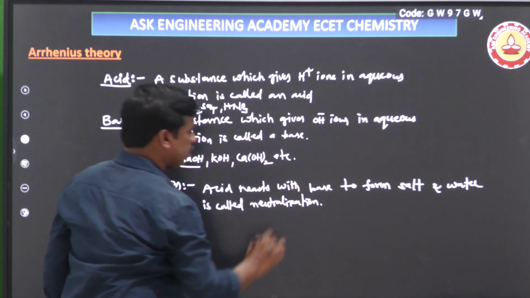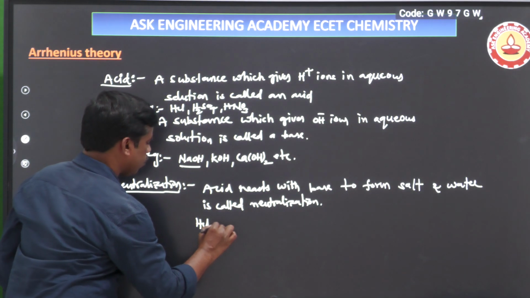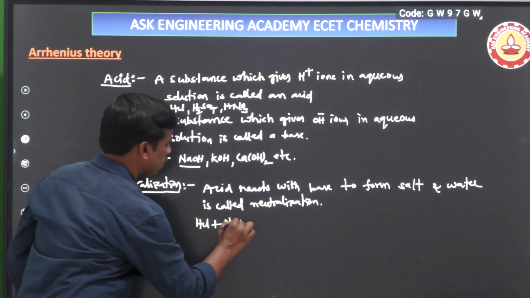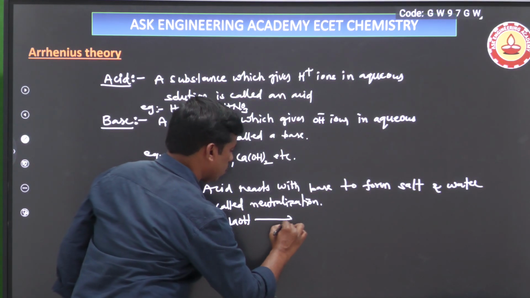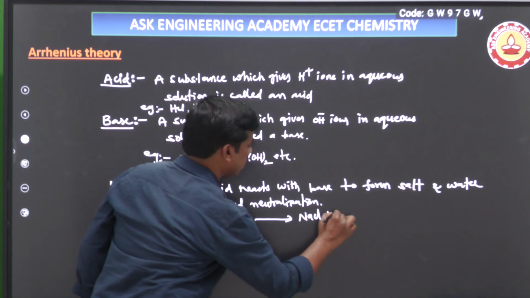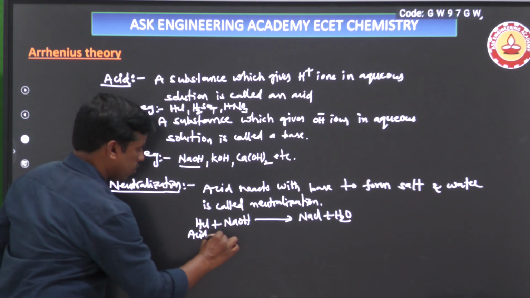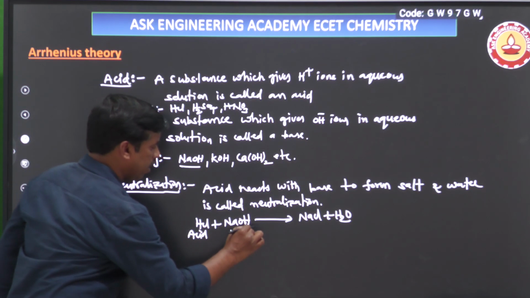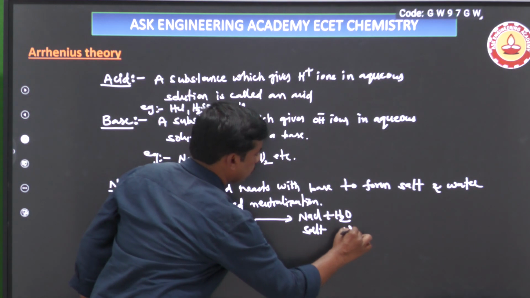How does the neutralization reaction form? HCl plus NaOH: HCl is an acid, NaOH is a base. These two combine to produce NaCl plus H2O. This is the acid, this is the base, this is salt, this is water.